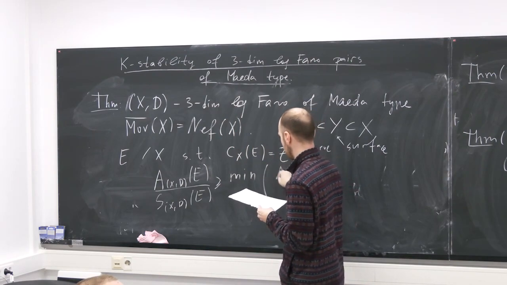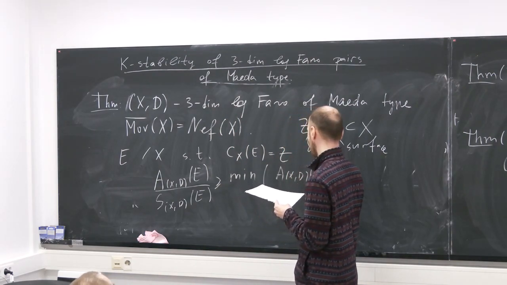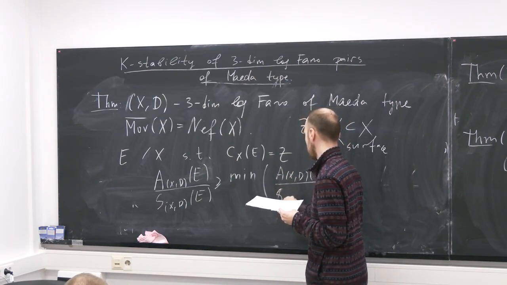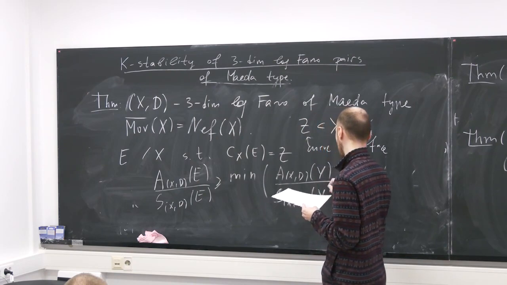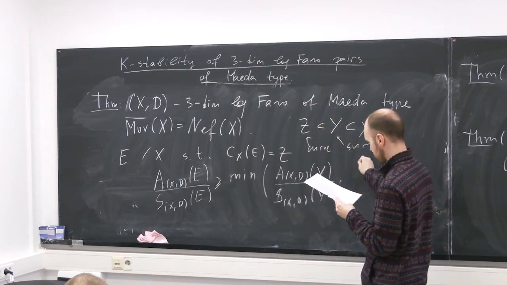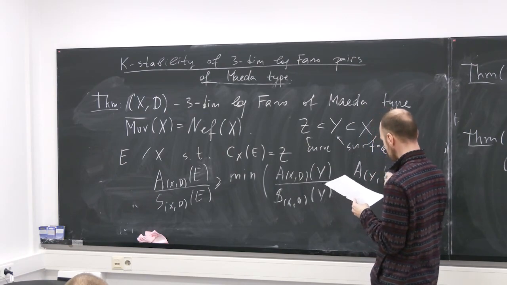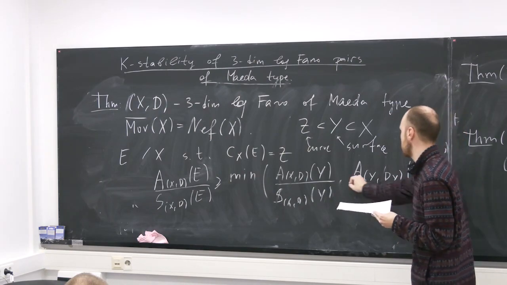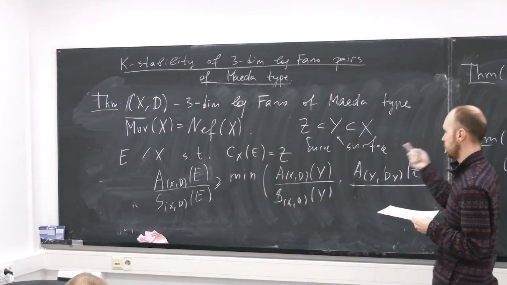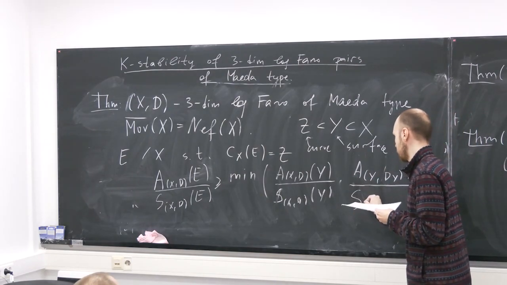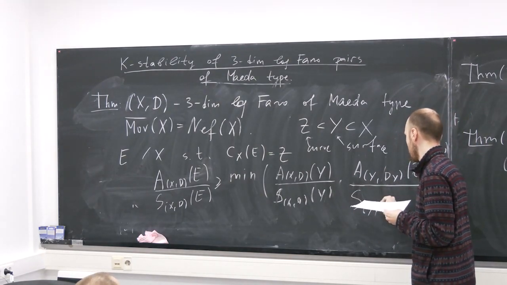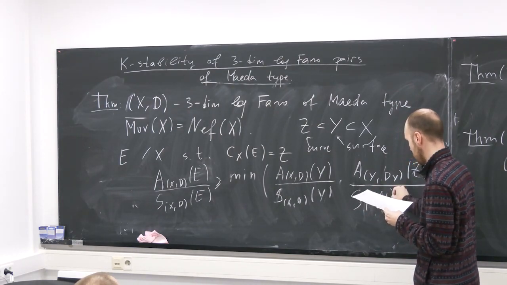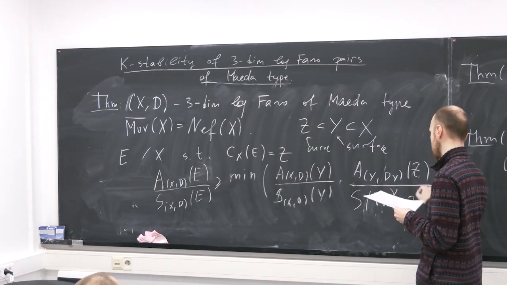The first one is the ratio for Y. And the second number is the inductive number defined on Y using adjunction and some number S, which I denote like this.